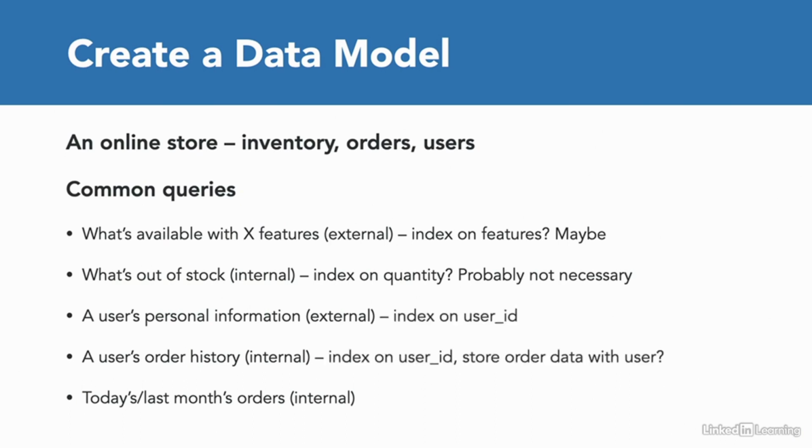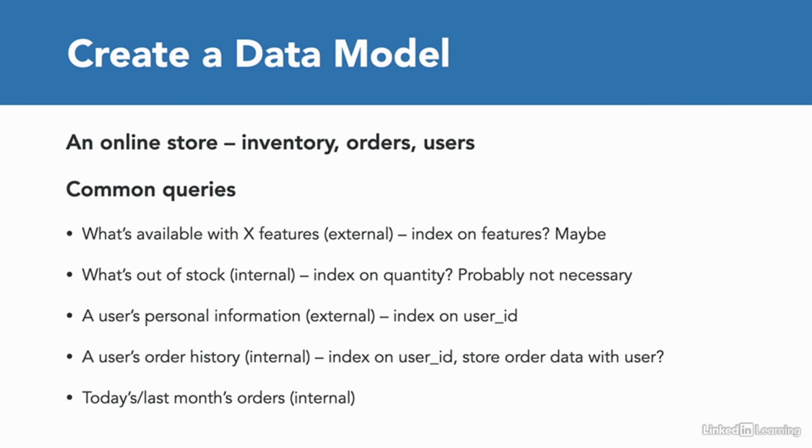The first one indicates that we should probably have an index on the user ID, or maybe on the user email address, so that we can quickly retrieve a user's personal information. The next one, a common query on the user's order history, I think indicates that we may want to have an index on the user ID field, just like the previous one. So I think we're pretty sure that we want that sort of an index.